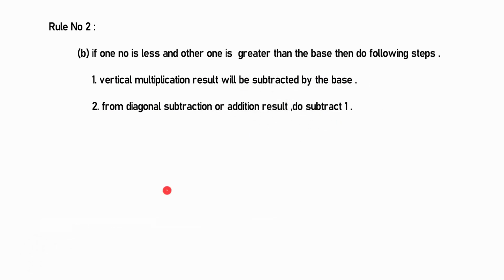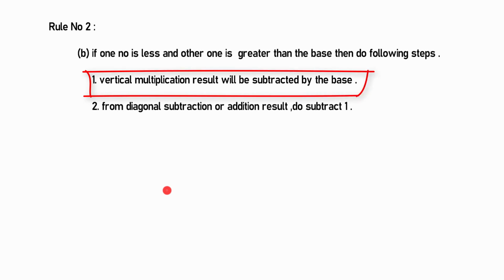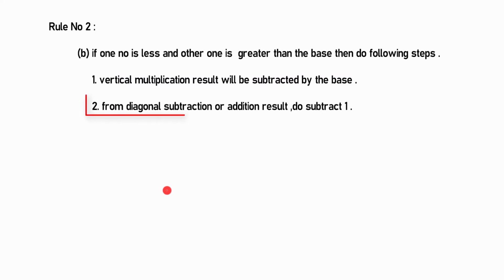First step is the result of the vertical multiplication is subtracted from the base, and second step is from the diagonal result we have to subtract 1. That's all about it. Let's demonstrate it with the help of an example.